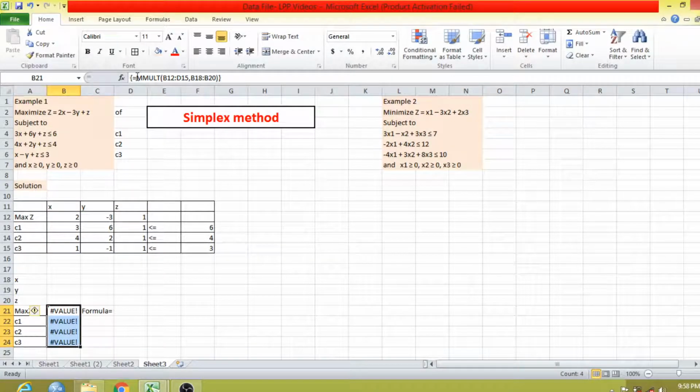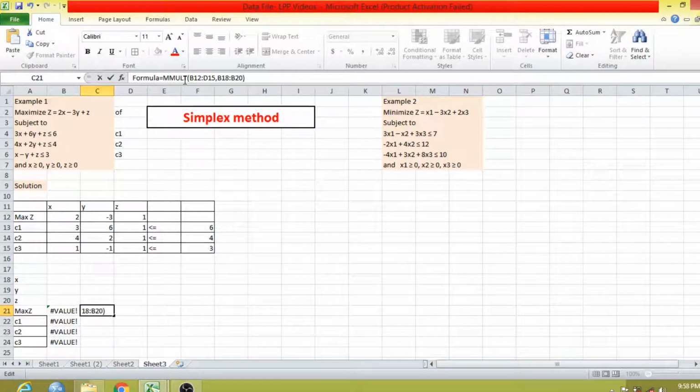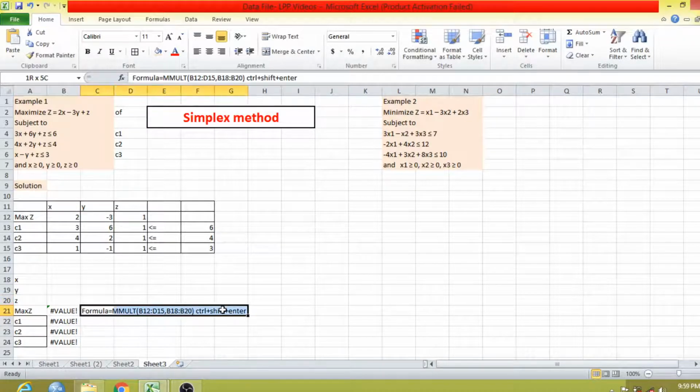So we can say that this is our formula: MMULT, then select the whole matrix from the z function to all the constants 1, 2 and 3 and the decision variables' values, and then Control Shift Enter. Okay, so this is our formula.